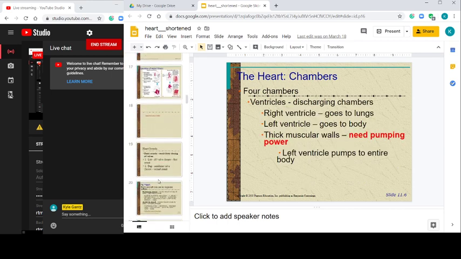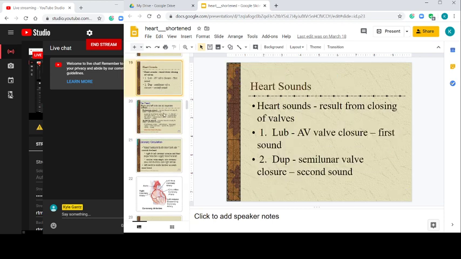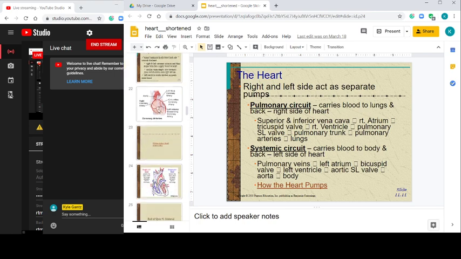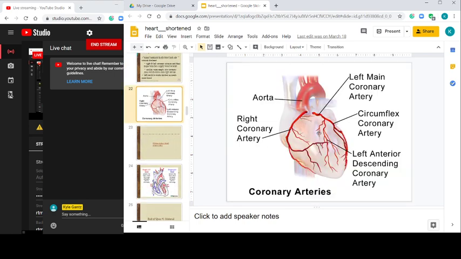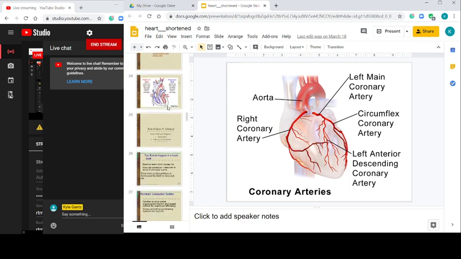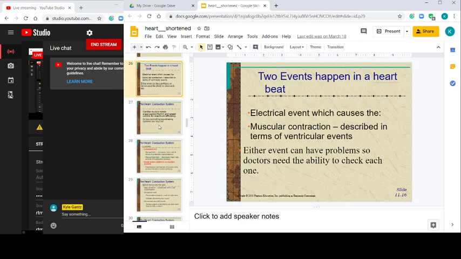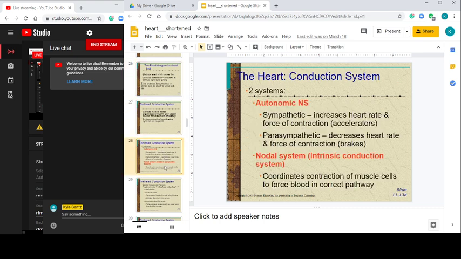And then we got into heart sounds, and we've talked about the pulmonary circuit and the systemic circuit, and we kind of understand how the heart gets fed oxygen and blood, and we talked about the flow. We even talked about the electrical events that are happening.